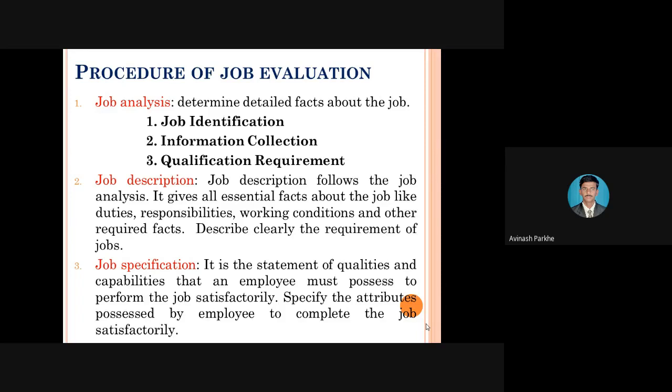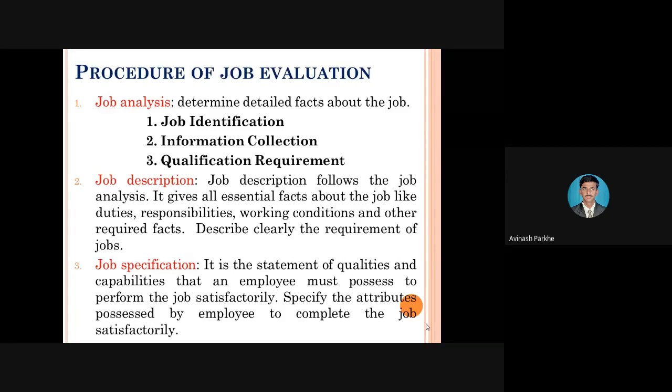If the quality of the operator or employee is very good and their capability is also very good, then and only then will the job we are manufacturing be satisfactory. If quality and capabilities are not maintained, satisfactory work will not be obtained. Then it specifies the attributes possessed by the employee to complete the job satisfactorily.